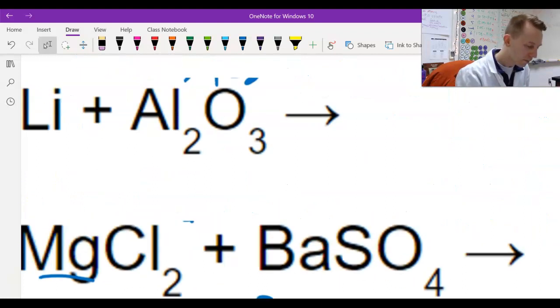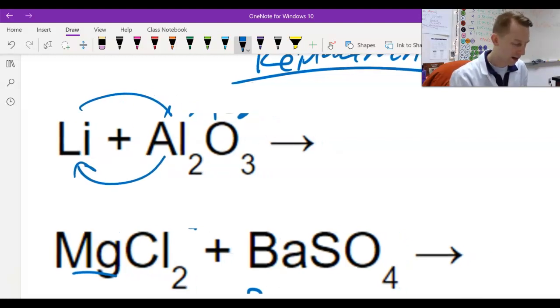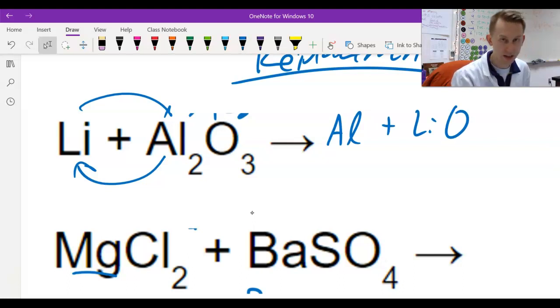Well, for lithium and aluminum oxide, these two are going to be the things that switch places. And the reason why is in the end, you want to have aluminum by itself plus lithium oxide, okay? Lithium's a metal, oxygen's a non-metal. Remember, it has to be a metal and a non-metal, a positive and a negative, not the other way around.